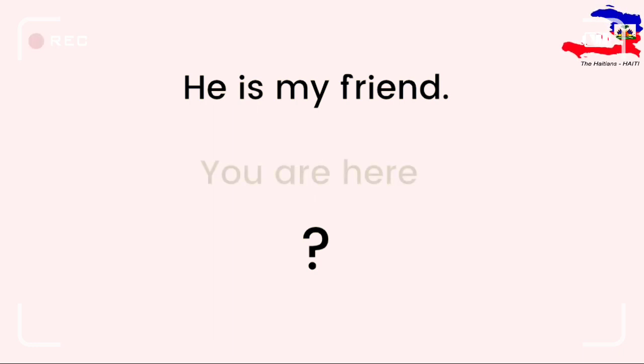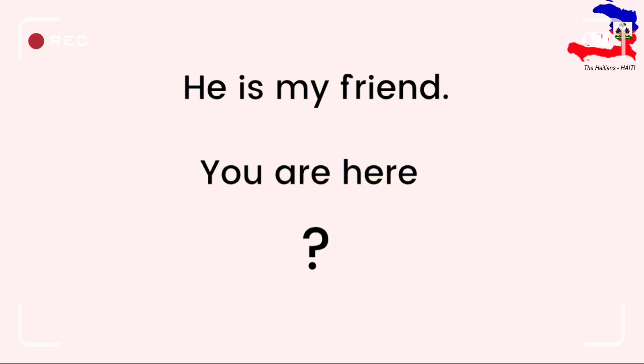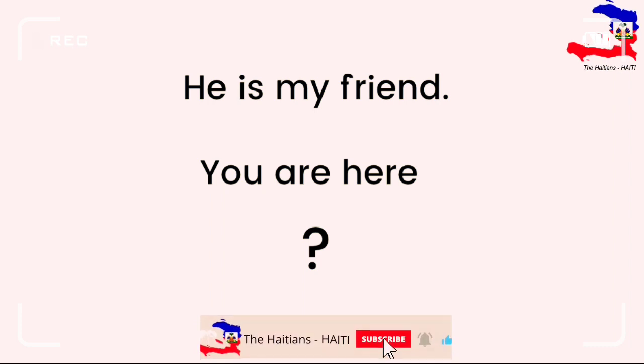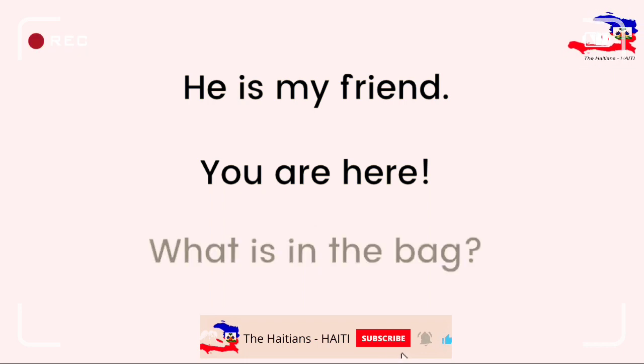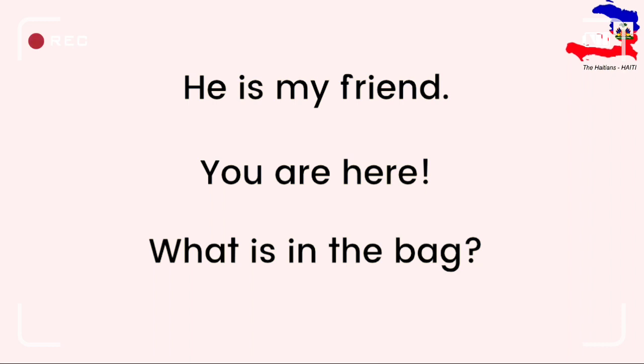An exclamation point can be used to show that a sentence shows excitement or another strong feeling. For example, in the sentence, you are here, we can use an exclamation point to show surprise. You are here! A question mark shows when a sentence is a question. For example, the sentence, what is in the bag, ends with a question mark because this sentence asks a question.